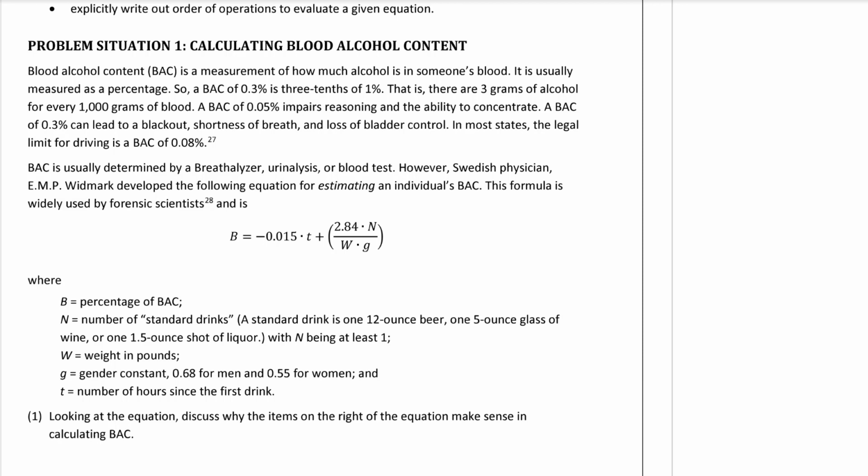Blood alcohol content, BAC, is a measurement of how much alcohol is in someone's blood. It is usually measured as a percentage. So a BAC of 0.3%. I would like to break this down a little bit. That statement, 0.3%, as we are reading this, I'm going to write that information down.